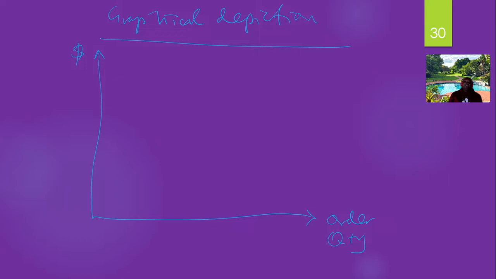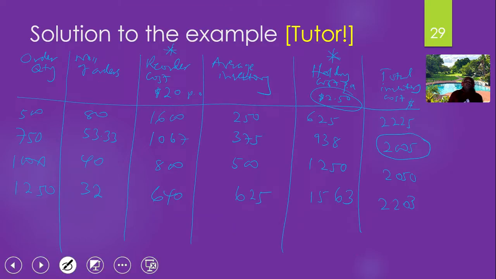We have seen above that the more we increase the order, the lower the ordering costs were getting. As you saw here, the larger the size of the order, the lower the ordering costs. They become lower by the day. Let me try to use a different pen. Okay, they were getting lower, as you can see here.